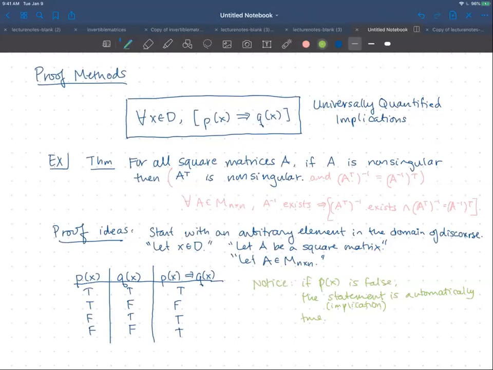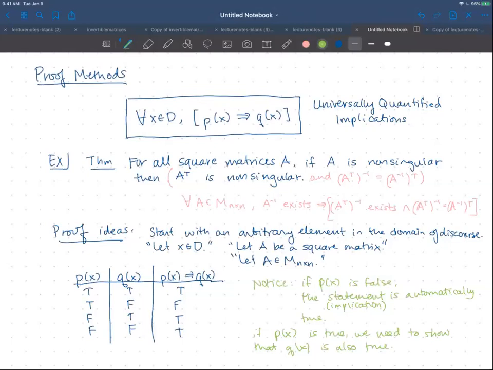And so the only real work we have to do is assume P of x is true, and then we need to show that Q of x is also true. So that's why most of our proofs that we've written so far look like: let x in D, if P of x, blah, blah, do some math, therefore Q of x, and that makes our proposition true.